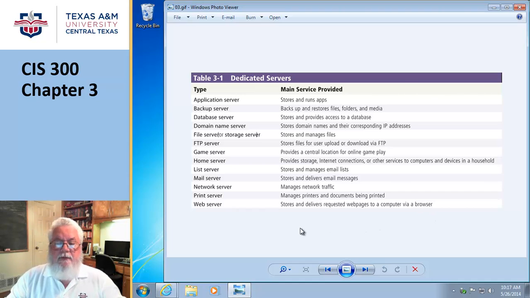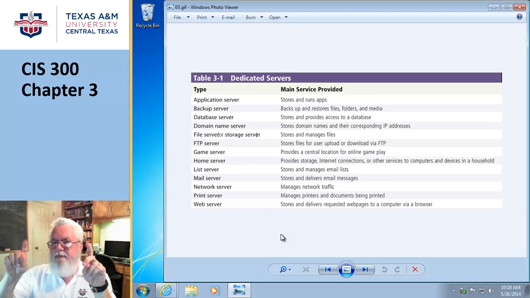Okay, so these are the different types of servers, and often they would either be separate physical devices, or you could have virtual machines, and we'll discuss that in some future video. Now, if you're a small business, like you only have 10 employees, you might have one physical machine that serves all these roles.